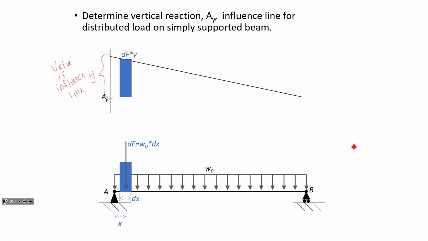That's what I just did. I did my P times that value. That would be my reaction at A due to that load at that location.